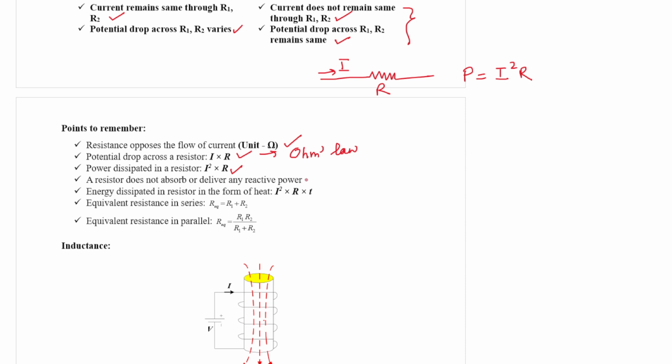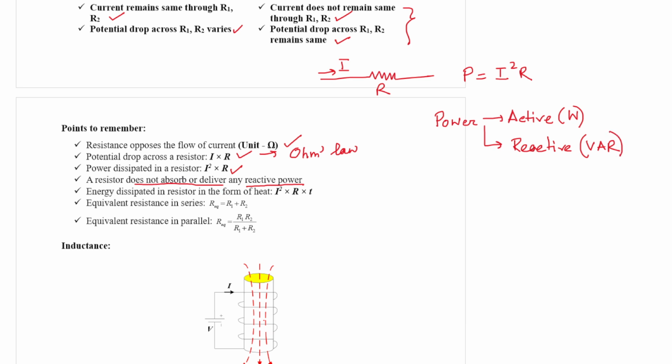Now the fourth point mentioned is that a resistor does not absorb or deliver any reactive power. For the time being, please consider that power is of two types: active power, which has the unit watt, and reactive power, which has the unit VAR, volt ampere reactive.